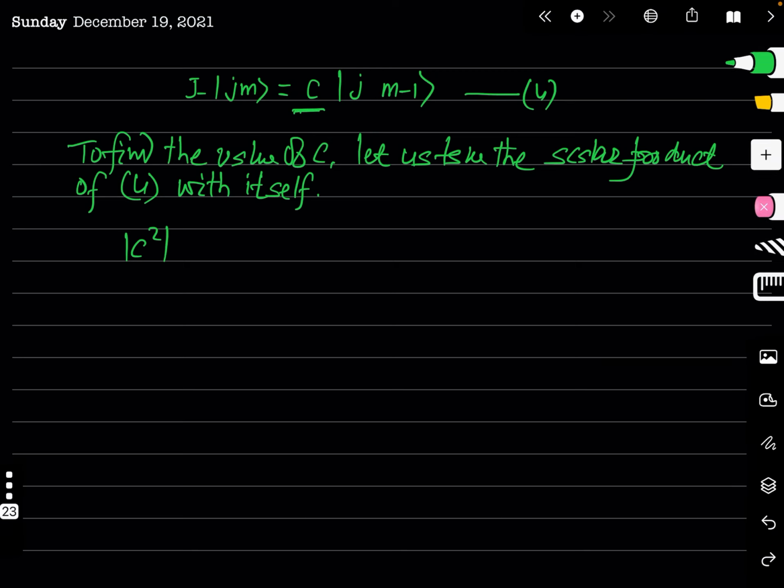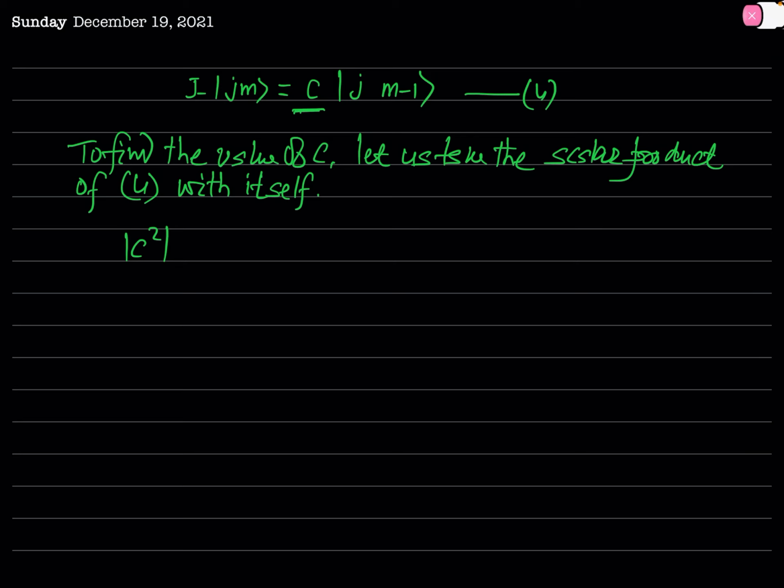Not c square mod, but you should write mod c square, and the scalar product of |j, m-1> with |j, m-1>.